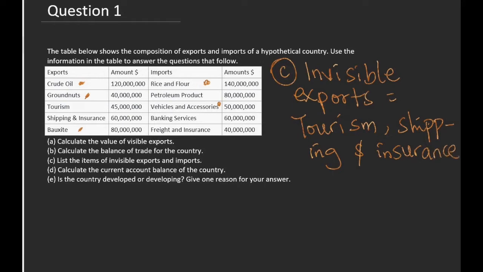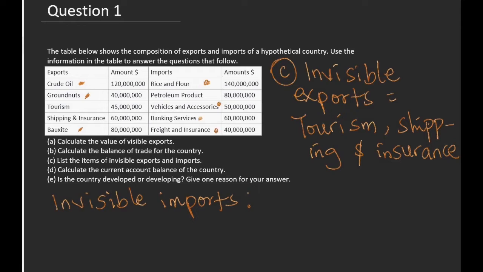Okay, what about the invisible imports? Invisible imports include, can you guess? Banking services, freight and insurance.